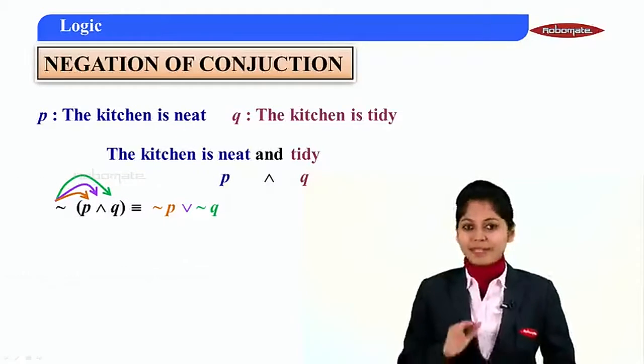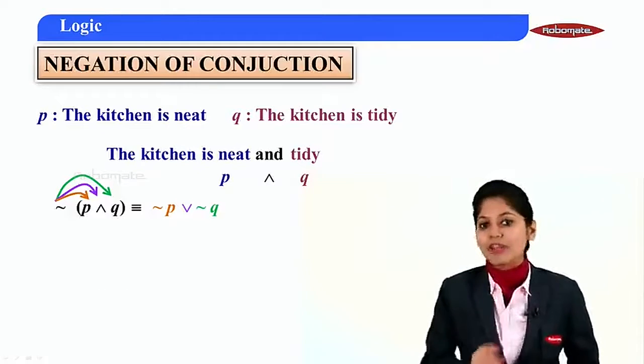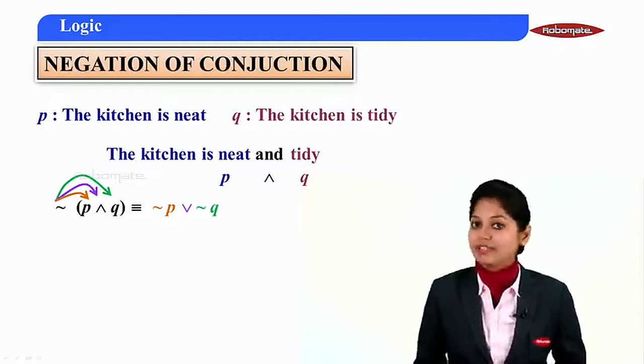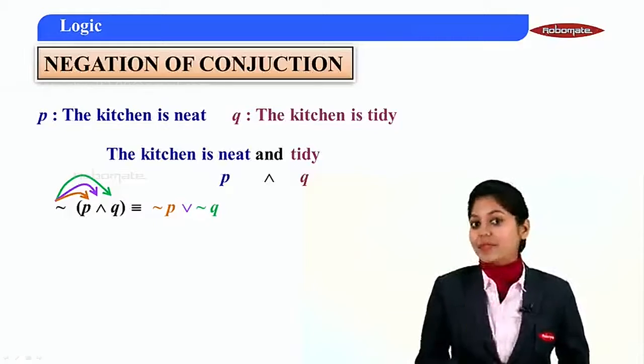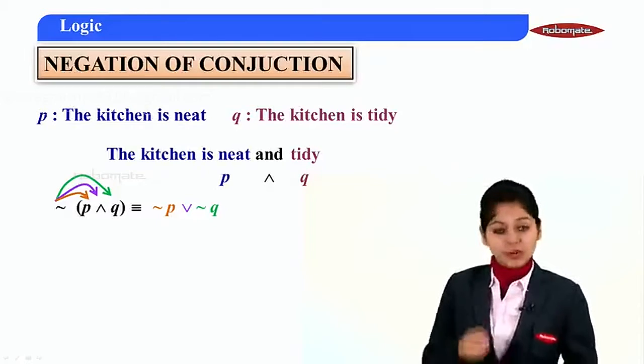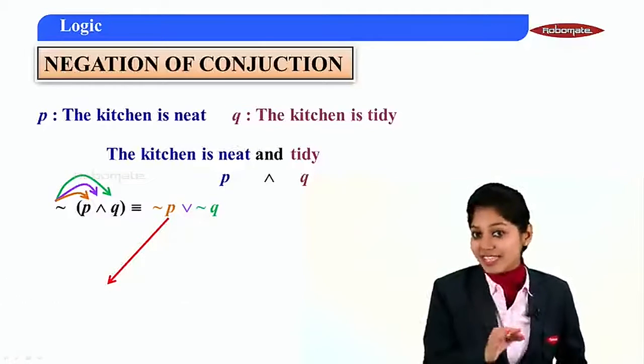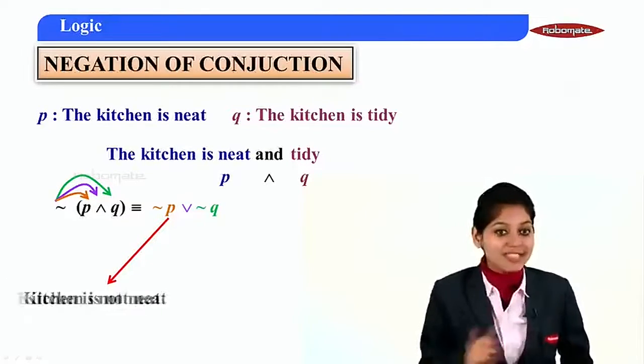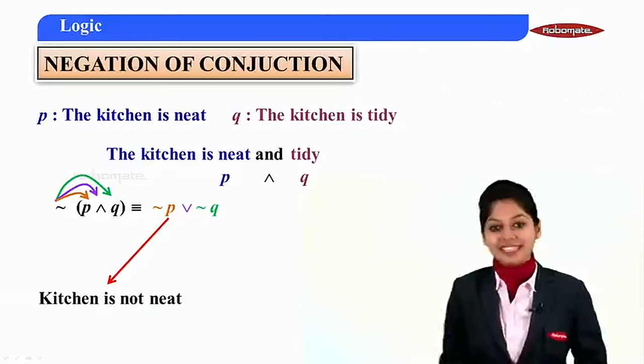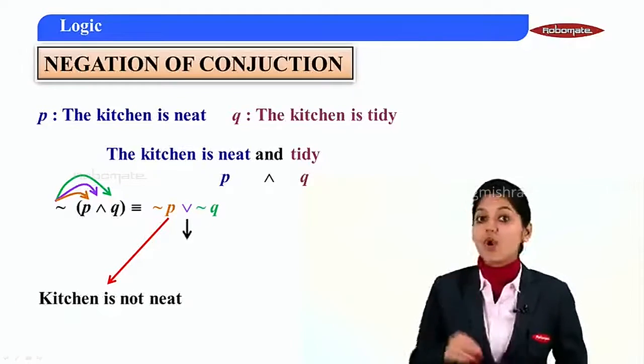Understood class? But this is only the symbolic form. What we require is the statement. And how do we form the statement? First we'll go for negation P. If P is the kitchen is neat, then negation P should be the kitchen is not neat. Next one is or.